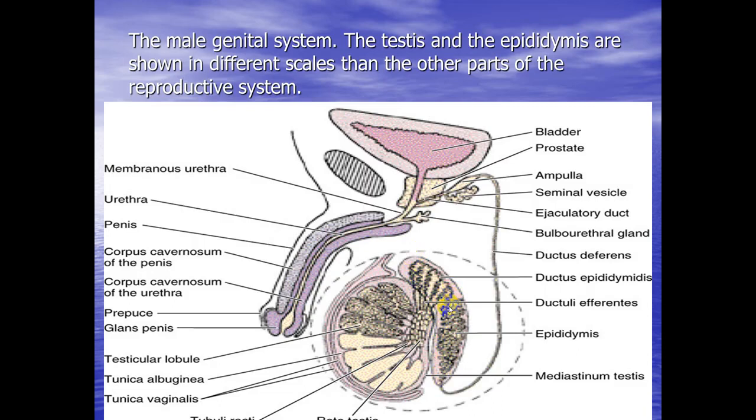The body and tail of the epididymis mostly consist of the highly convoluted ductus epididymis. Then the ductus epididymis leaves the epididymis and changes into the ductus deferens.